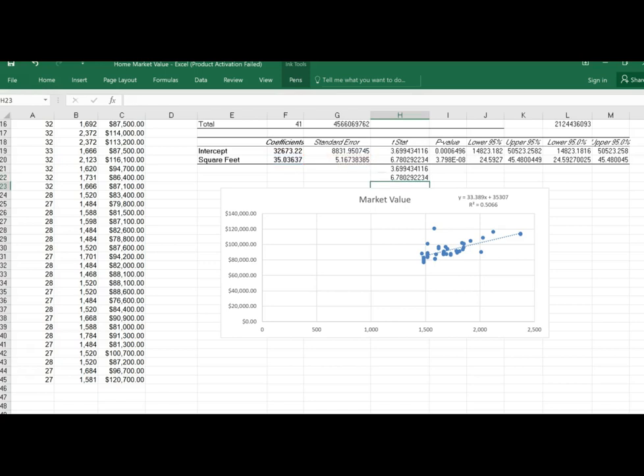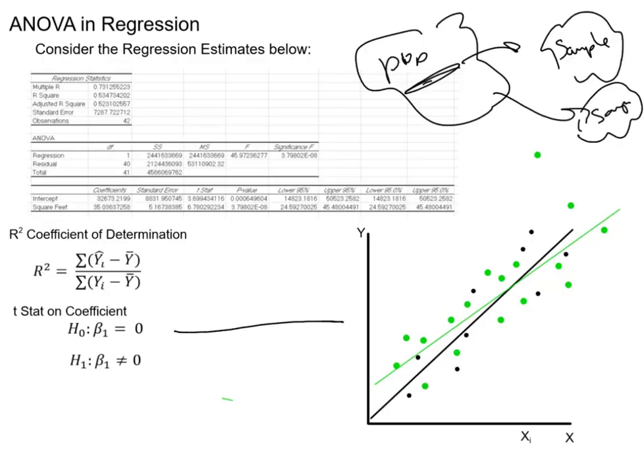Again, we can go back to what a t-distribution looks like and think about if I had an estimate that had a t-value of 3.6, or a t-value of 6.7, where would those appear on a t-distribution? If you recall, a t-distribution looks a whole lot like a normal distribution.